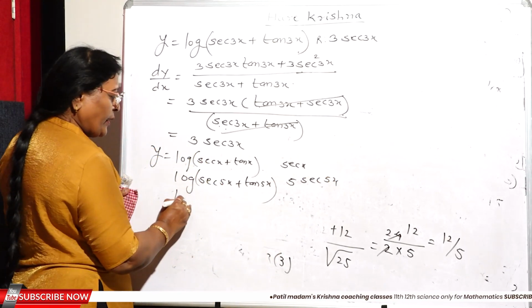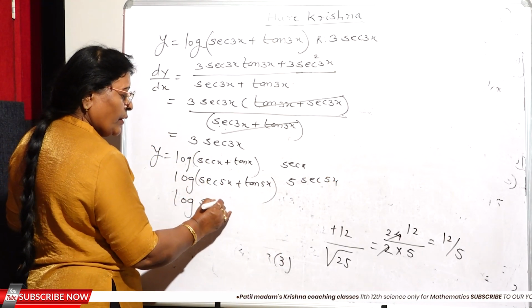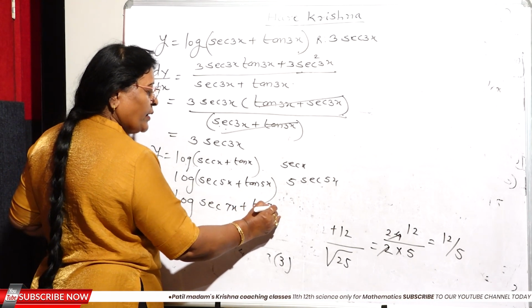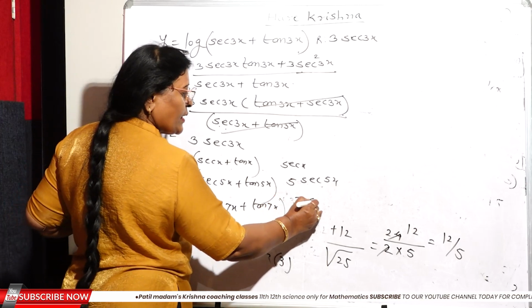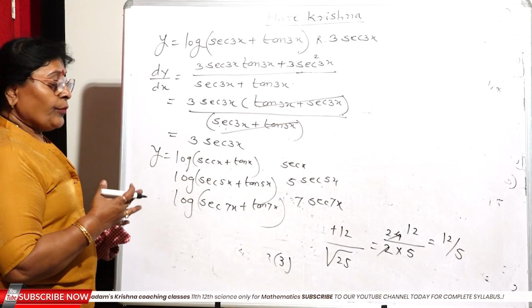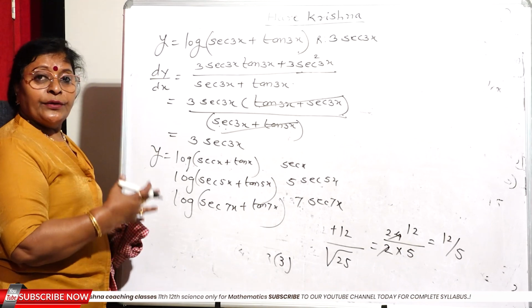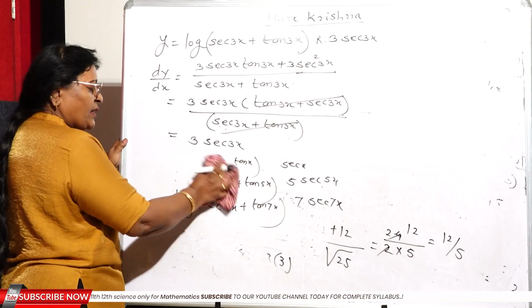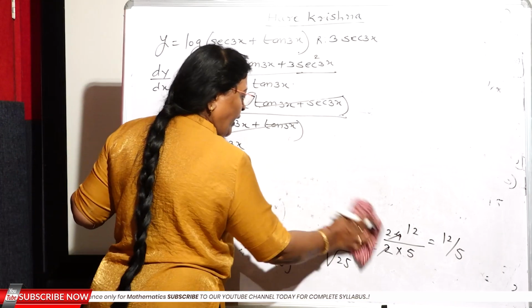Right? Suppose you write log of sec 7x plus tan 7x. What is the result here? That is 7 sec 7x. So in this way you can find out the bunches and you will get the short trick also, right? तर अशा प्रकारच्या गणितांचे तुम्हाला short tricks मिळतात, and that is very very important.